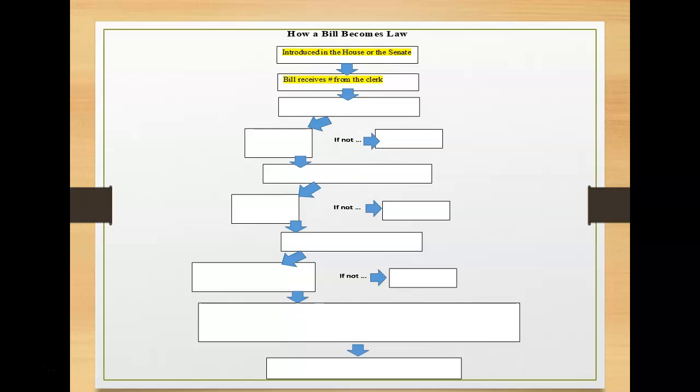Again, just a little template there you can choose to follow if you'd like to on how a bill becomes a law. That way it's just provided a bit of a step-by-step. I have gone ahead and filled in step 1 and step 2 for you. I've highlighted there. That way you kind of have an idea as to where this information needs to go.